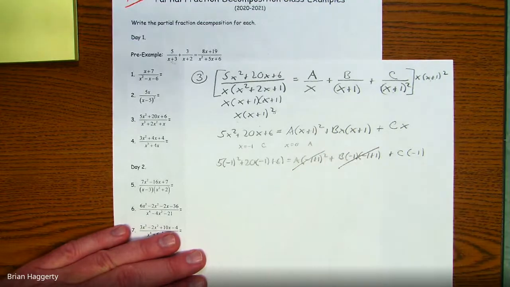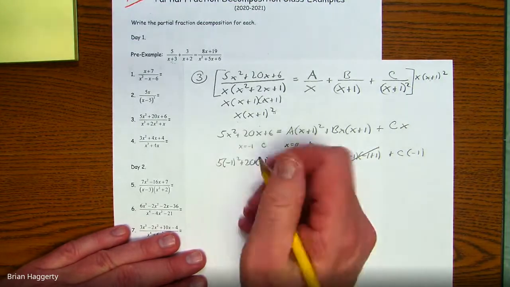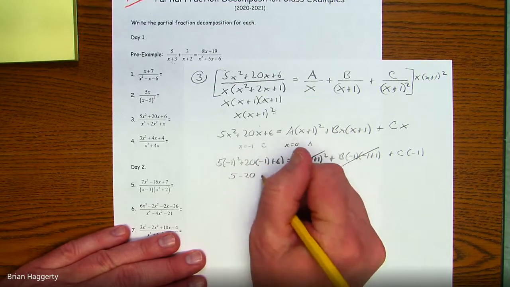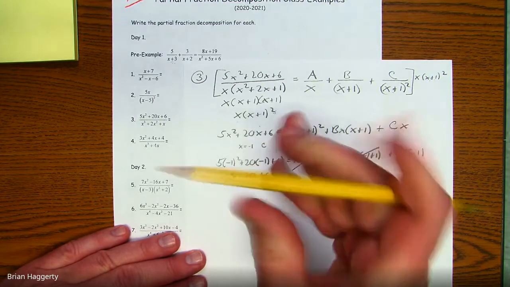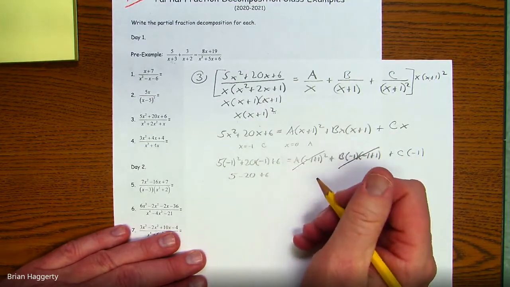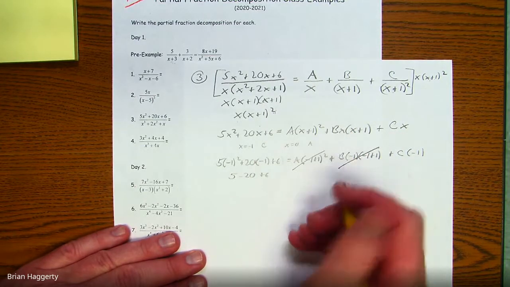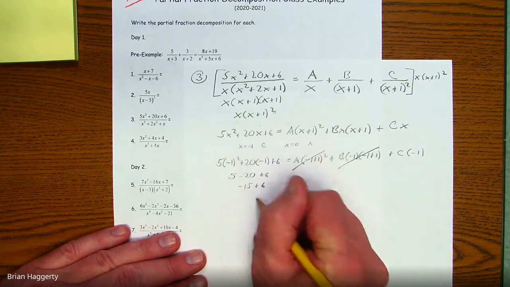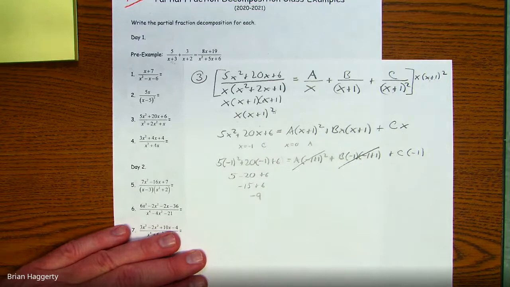Gone. This is going to be 5 minus 20 plus 6. I do not want to know why I have that parenthesis there. So it's going to be negative 15 plus 6, negative 9.